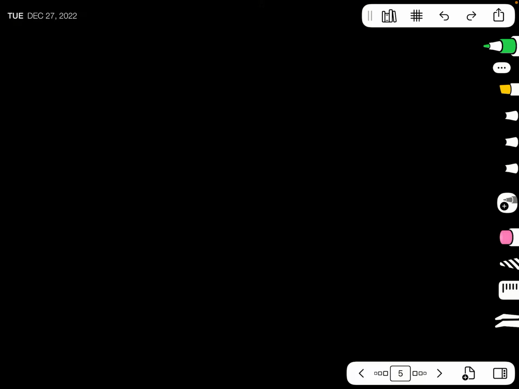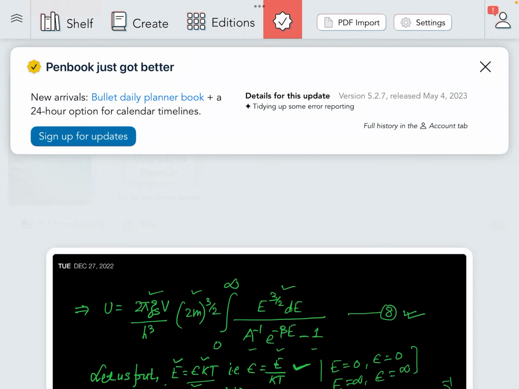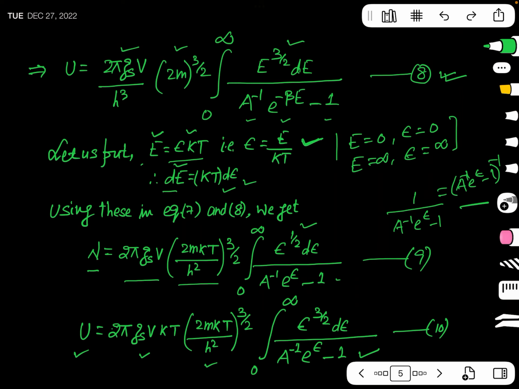Sorry, the page has been turned, as you know, this is a usual feature of my iPad, so don't mind it. Now it is correct. So see here, this epsilon to the power half d epsilon will remain as is, and 1 over this much, we have already expanded it.